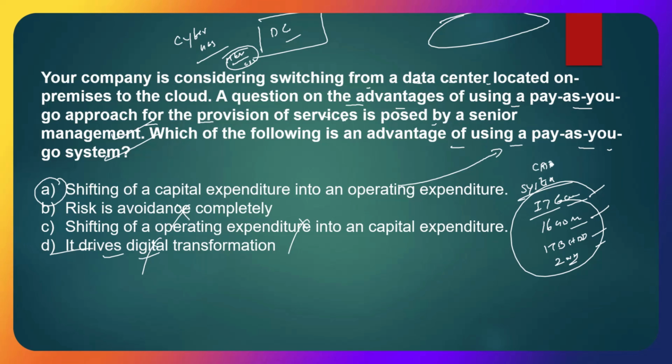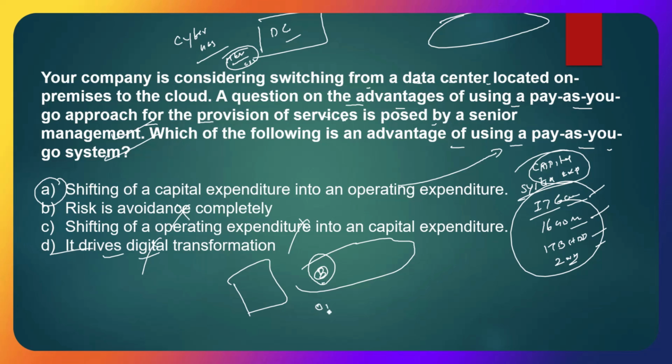So capital expenditure is there. But when I take the same thing to the cloud, I just log into the console and create a VM with the same configuration. I'm not investing anything upfront, but based on how much time I'm using it and how much resource I'm consuming, I pay for it. That is operating expenditure.